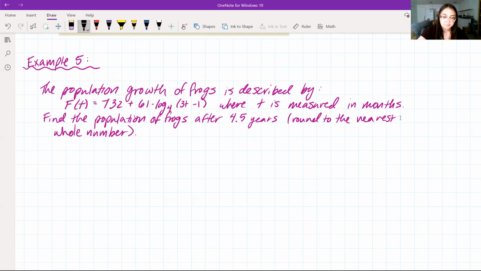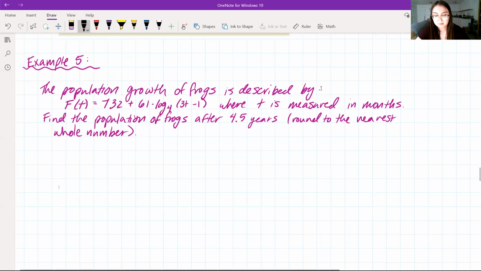All right. Moving on to our example, we have example 5. The population growth of frogs is described by the equation f of t is equal to 732 plus 61 times log base 4 of 3t minus 1, where t is measured in months.